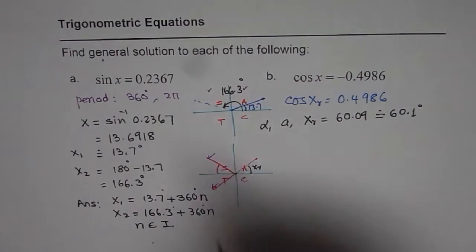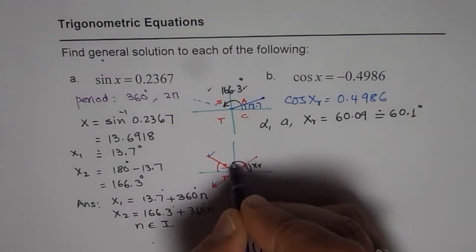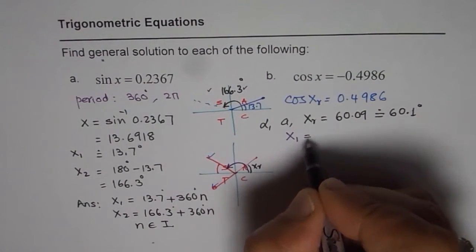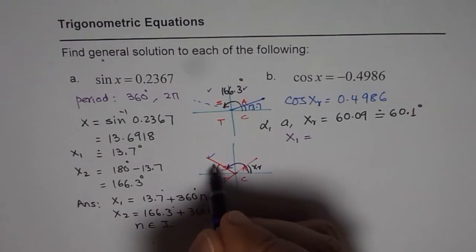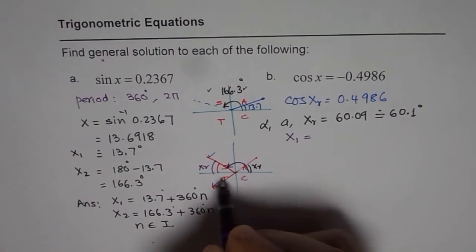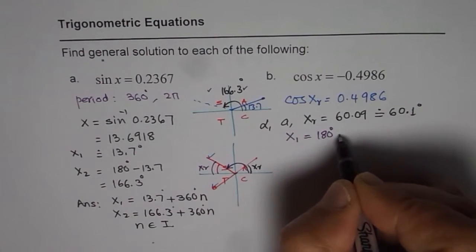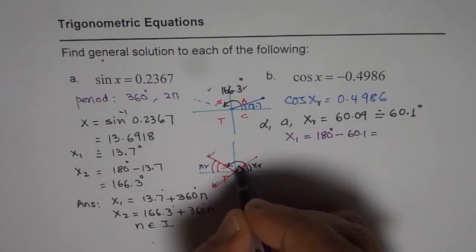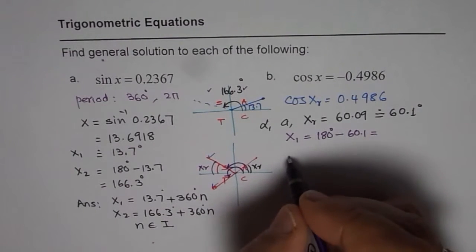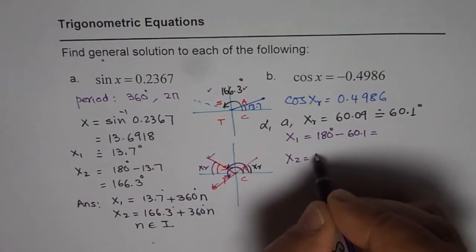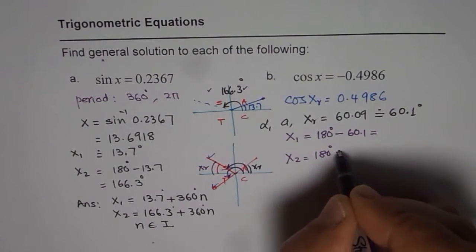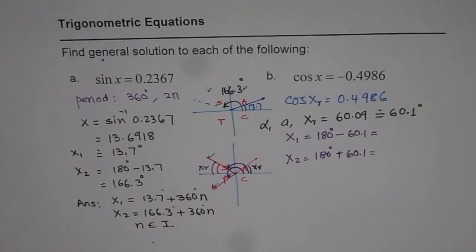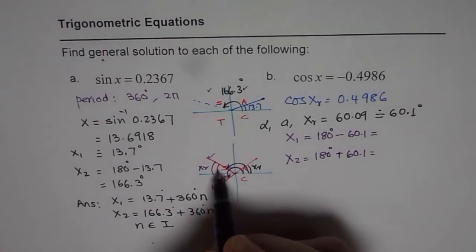What we are looking for are the principal angles. Let me call this one x1. This angle is 180 degrees minus 60.1. The other one, x2, the second angle, will be 180 degrees plus 60.1. That is how we get our real solution, and these two solutions are in one cycle.